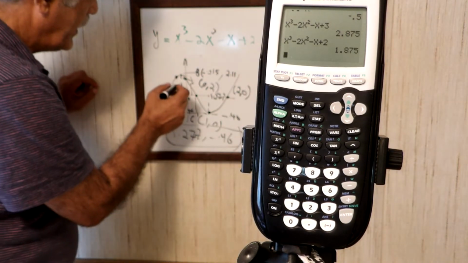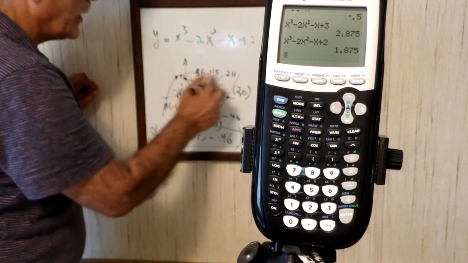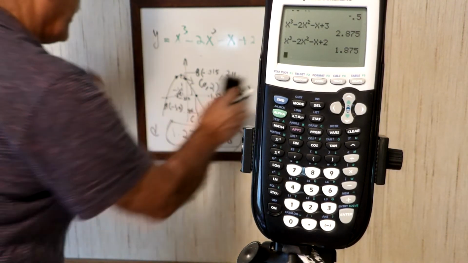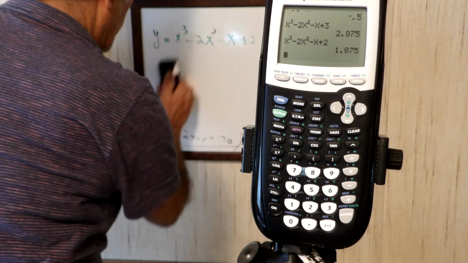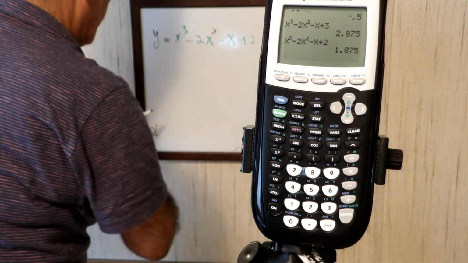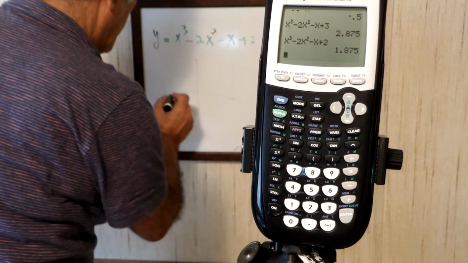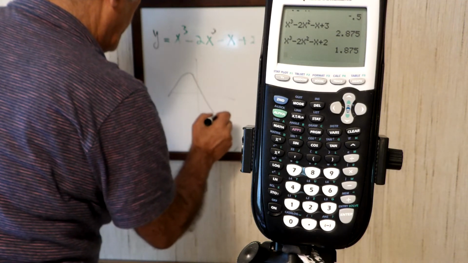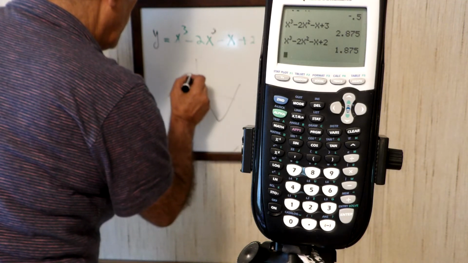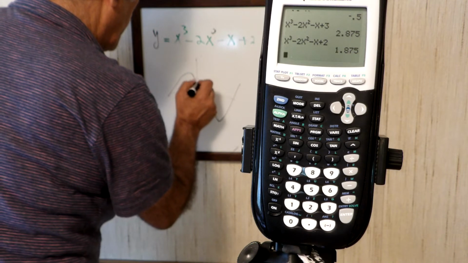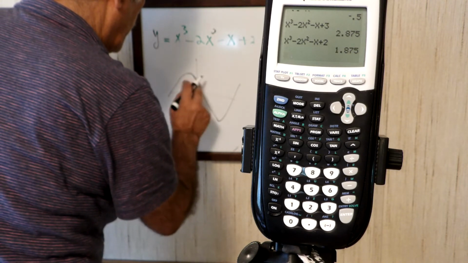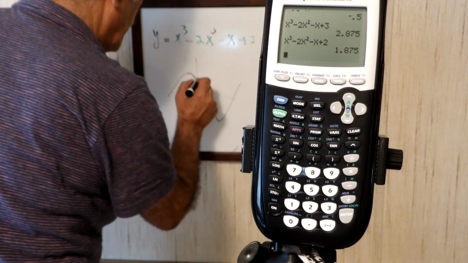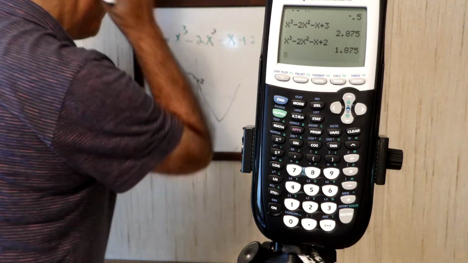See here, if we write it on a scale, at 2 plus 2 here we have the y-intercept.